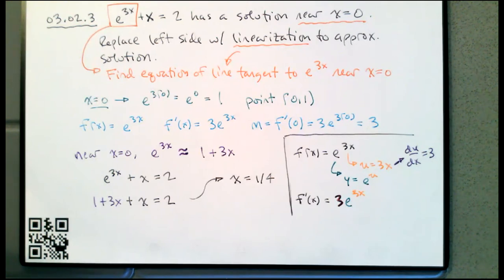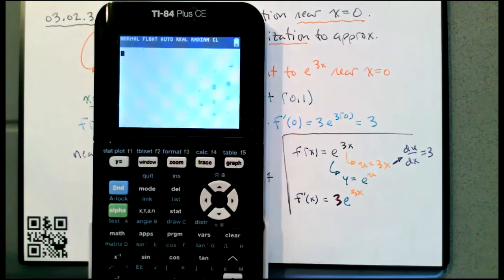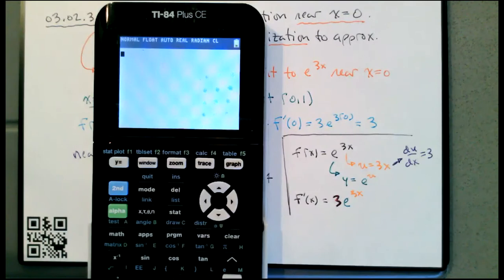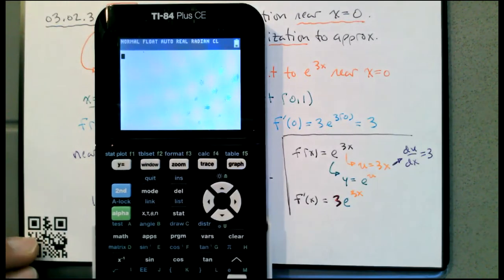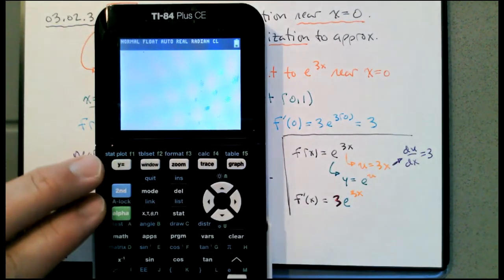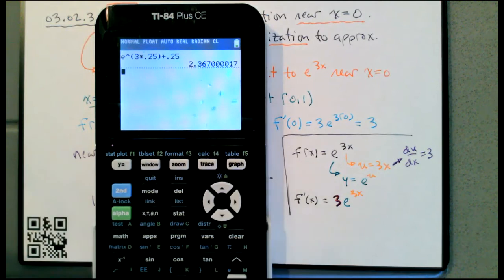Oh, okay. Because we're not getting the exact solution, we're approximating e to the 3x with a line. So we saw that our solution was a little bit off the actual solution. If I plug it back in, e to the 3 times 1/4 plus 1/4, we're off of 2 by a little bit. We're at 2.36.